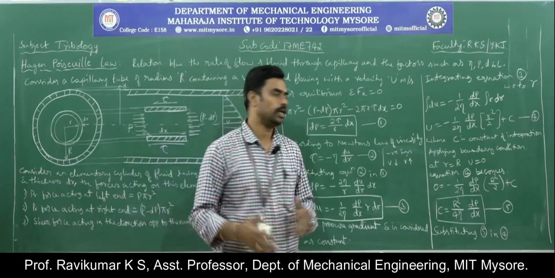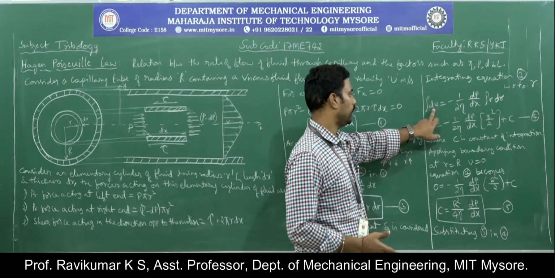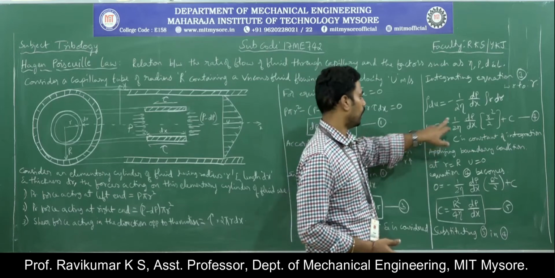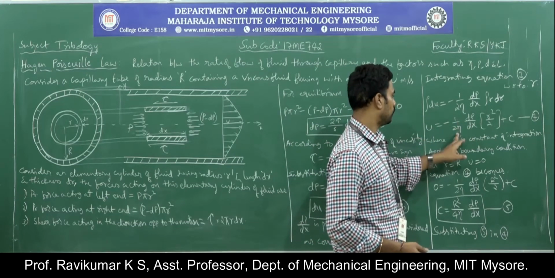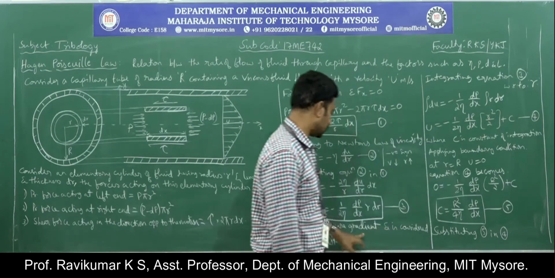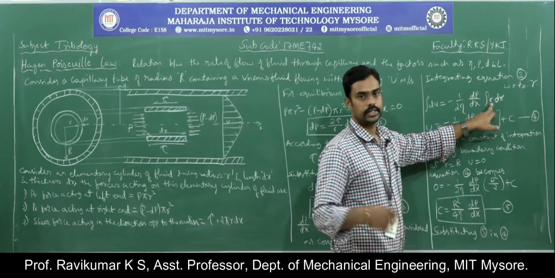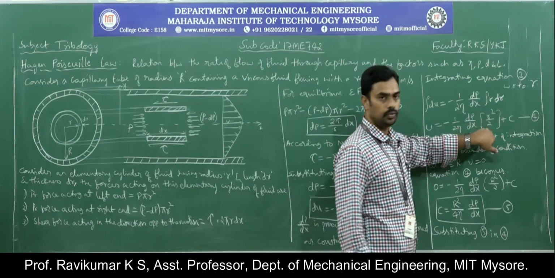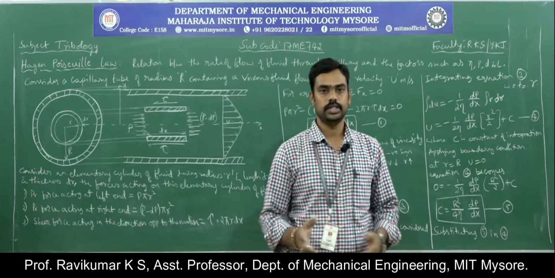So u becomes dp by dx, which is constant, into 1 by 2 eta, and only the r term is integrated: r square by 2, plus the integration constant c.